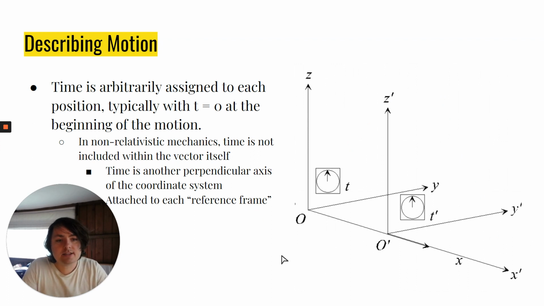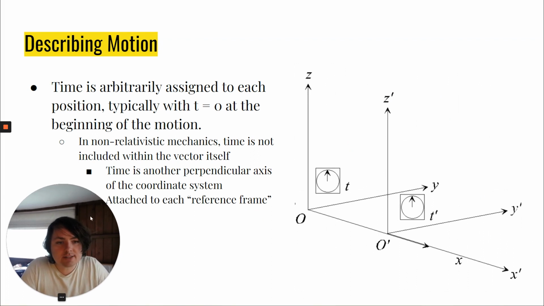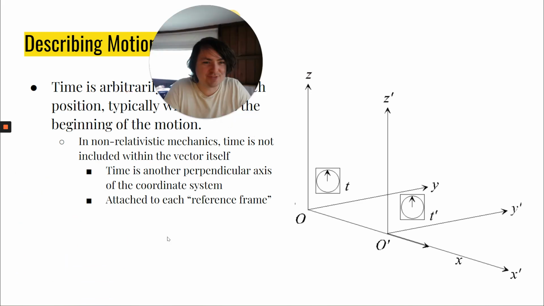Another way is to attach the time to each reference frame. And now I'll go a lot more into detail with what I mean by reference frame, but basically I have one coordinate system at time t equals t, where the origin is somewhere here, and I have variables, this time in 3D, x, y, and z.